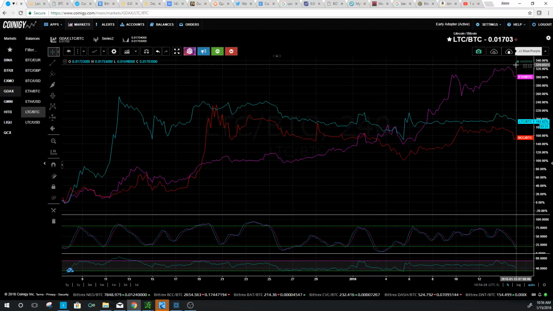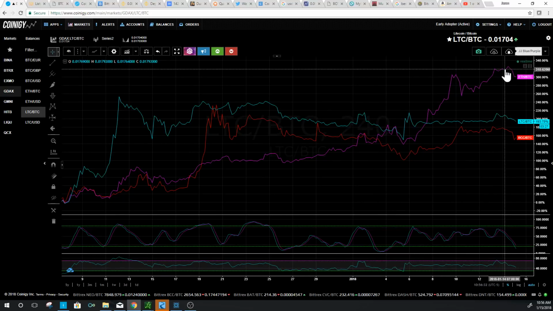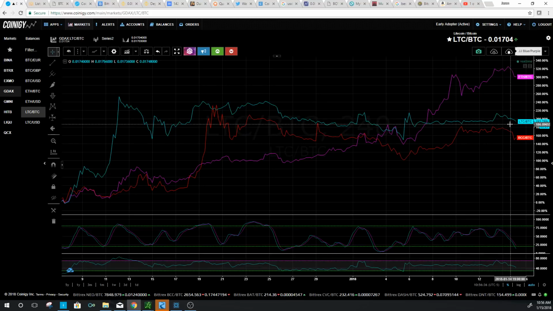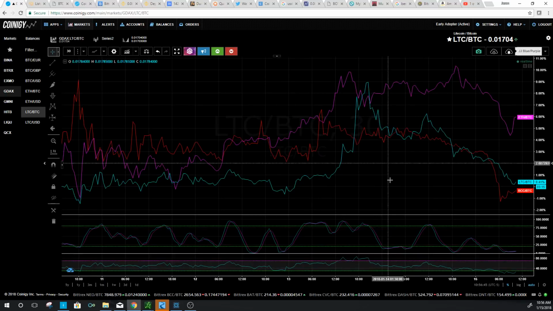So, got to be taking profits. I've come out of most of all of my Ethereum, and then I'll show you guys right now. I think Bitcoin looks pretty cheap. I think on a near-term basis, look at this move in Litecoin. You guys tell me what looks.